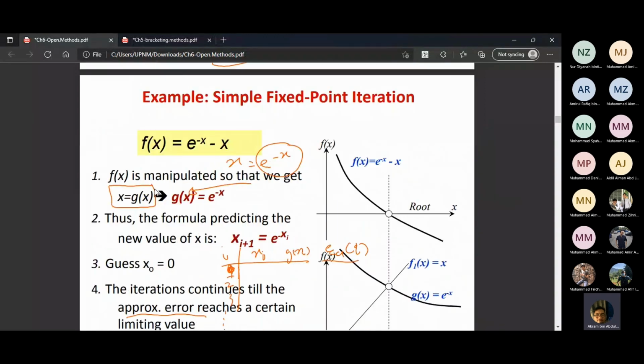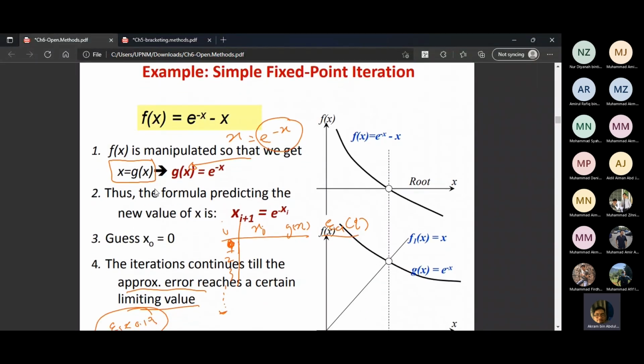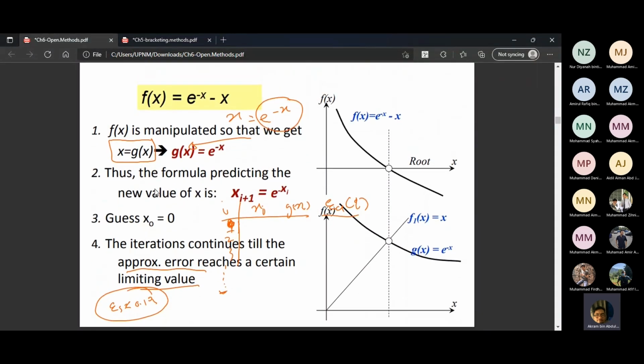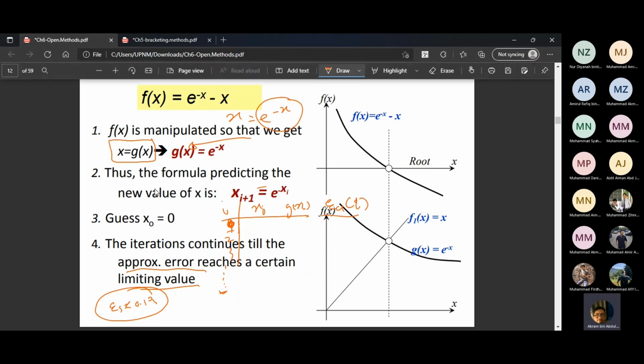Let us look at one example related to a simple fixed point iteration. Let's say we have the function exponent negative x minus x. The first thing, we need to rewrite it in this form.